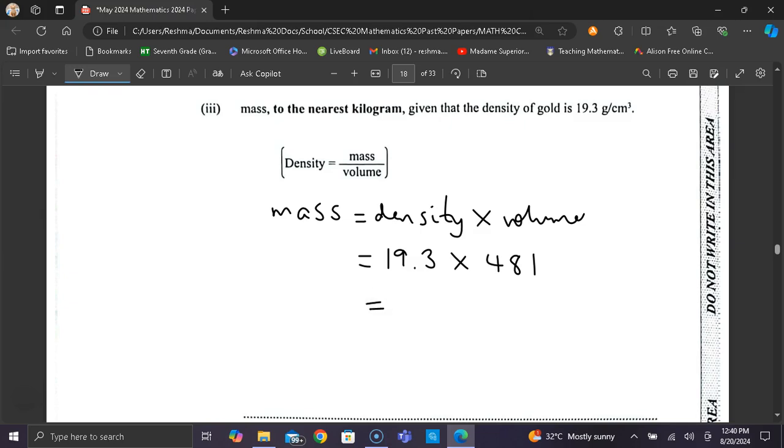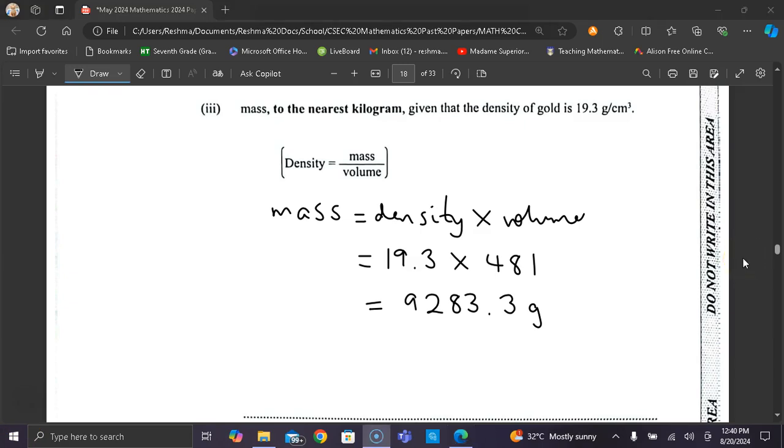When we multiply 19.3 by 481, we will get 9,283.3 grams.